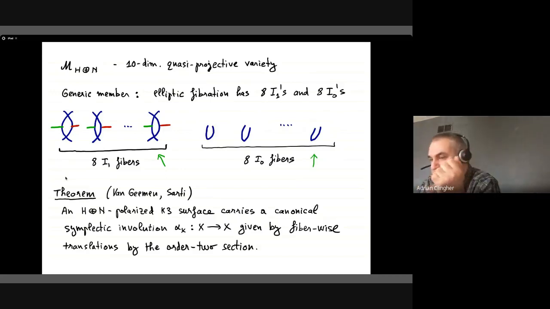And since we're talking about translating by a point of order 2 in each elliptic fiber, this is going to be an involution. So this gives rise to what is called a symplectic involution on a K3 surface. A symplectic involution is an involution, let's say alpha, that takes any holomorphic 2-form to itself.